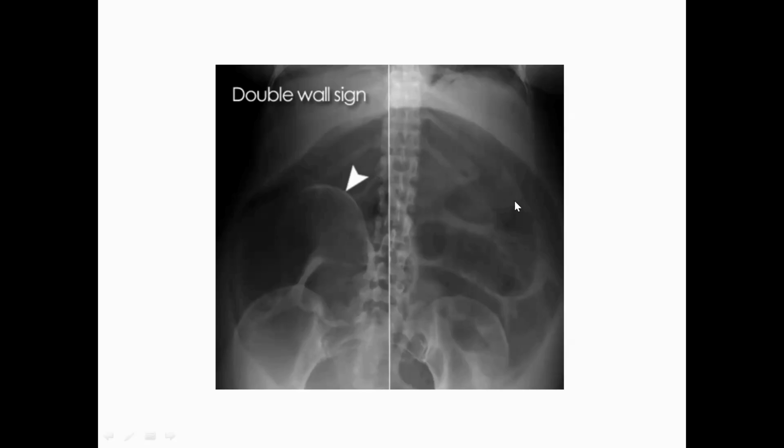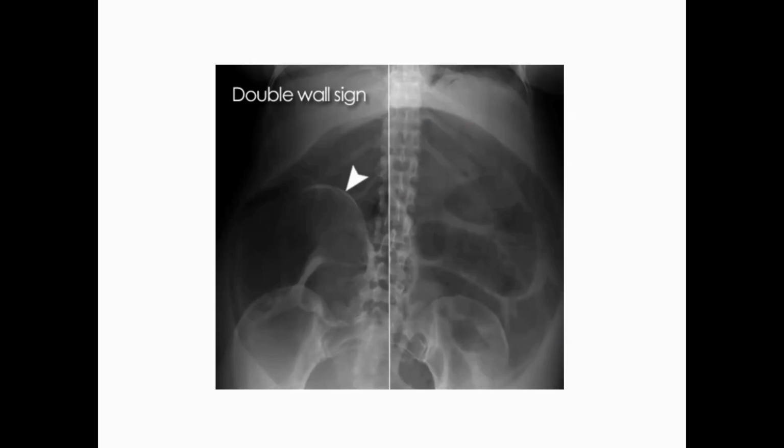The entire peritoneal cavity is outlined by free air, giving the appearance of an American football, the football sign. You see this appearance while the patient is lying supine and the air rises up to the front of the peritoneal cavity.